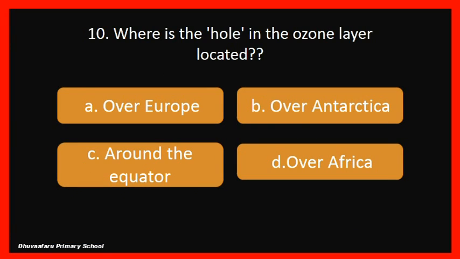Question number 10. It's your last question. Where is the hole in the ozone layer located? A, over Europe, B, over Antarctica, C, around the equator, and D, over Africa.